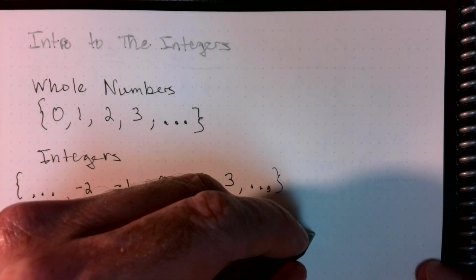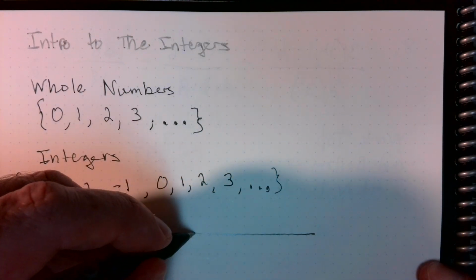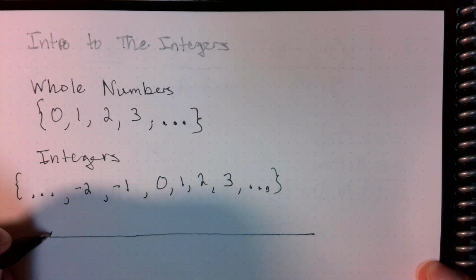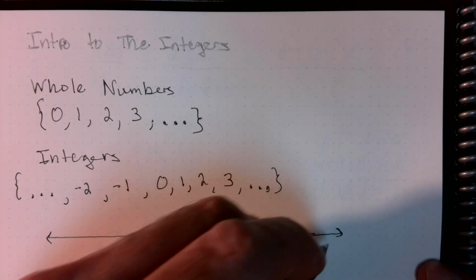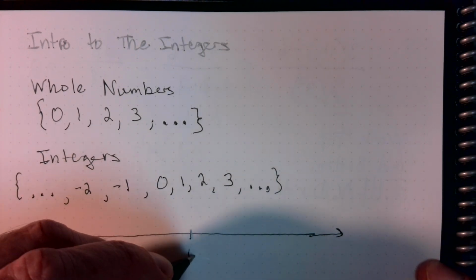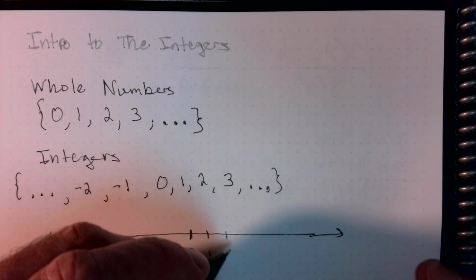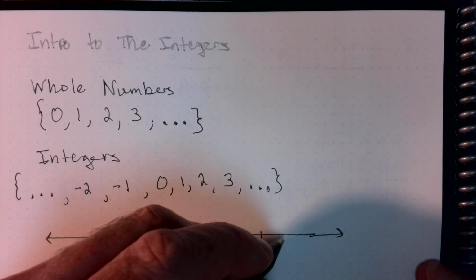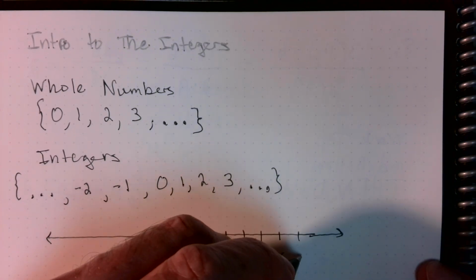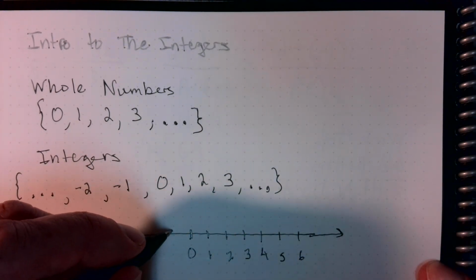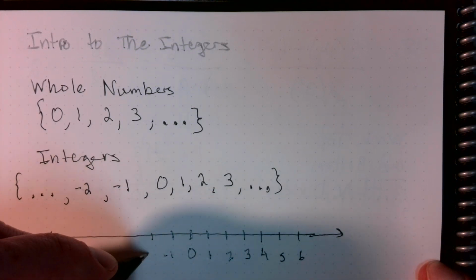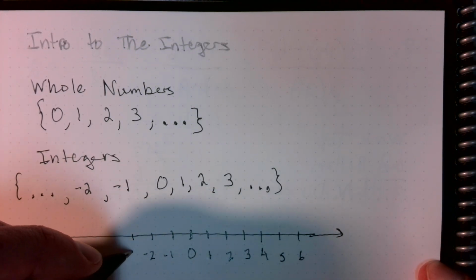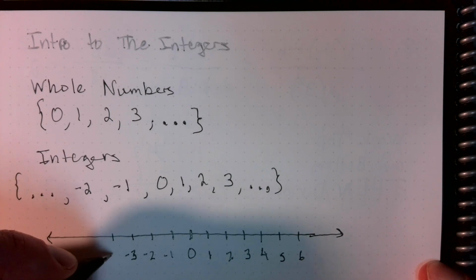If we were to plot these on a number line here, zero is right there. Our positives are over here on the right, and then we keep on going that way. Our negatives are over here on the left. So you can keep on going further left.